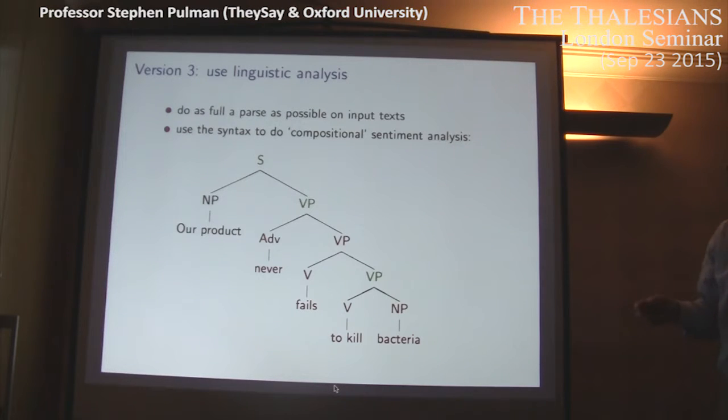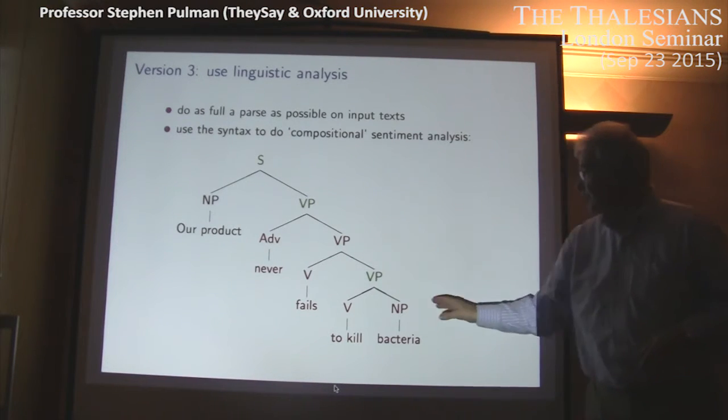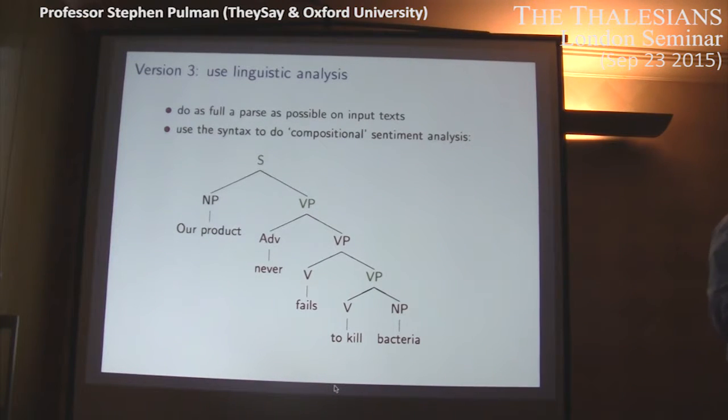So what we try to do is to use the grammatical structure of the sentence, which in this case we represent as this kind of hierarchical structure, and we can, these days, automatically parse sentences, at least well-behaved text, reasonably accurately. We can get it right about 70 or 80% of the time.